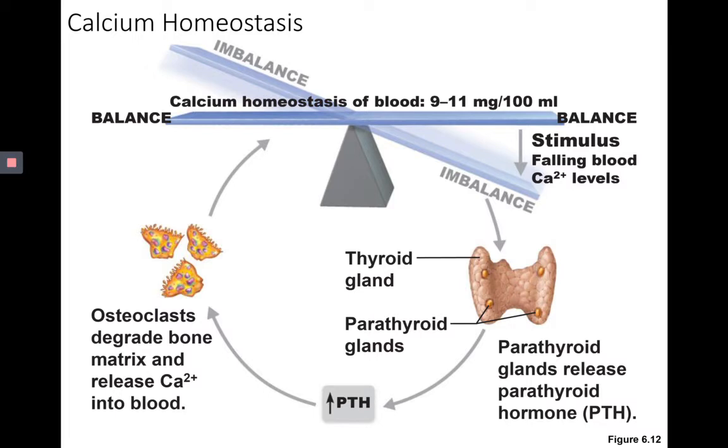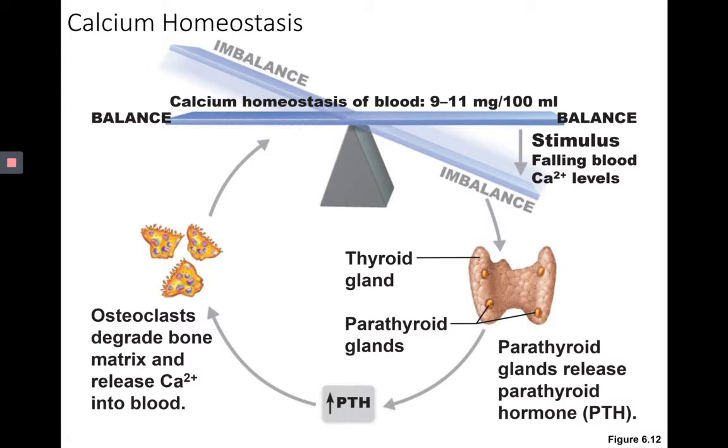If you were to experience an imbalance, say a drop in blood calcium levels, that would be a stimulus which communicates via the blood to parathyroid glands. Parathyroid glands are located on the back of the thyroid. You can have anywhere from 4 to 6. 4 is an average. The parathyroid glands, when stimulated, will release parathyroid hormone.